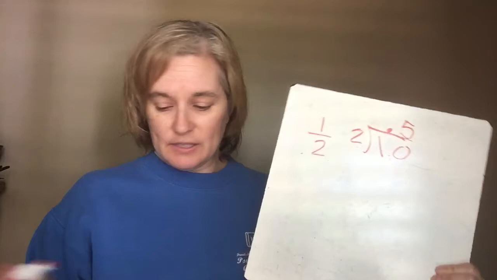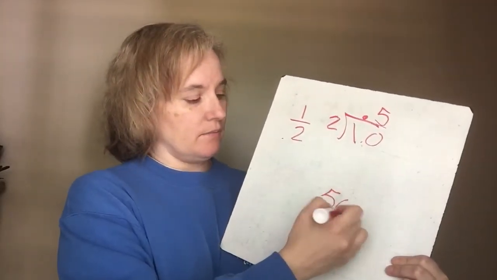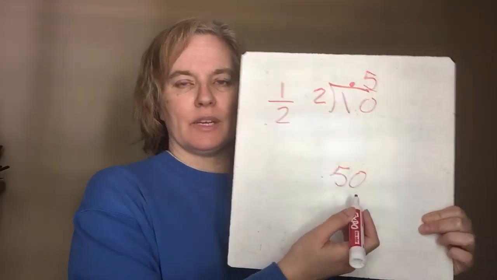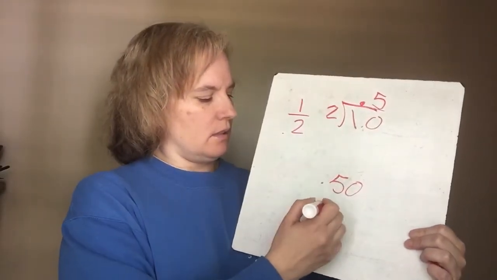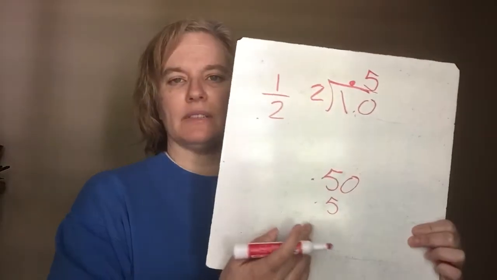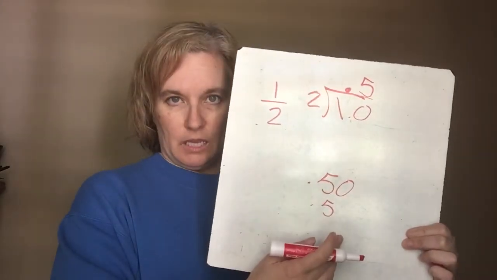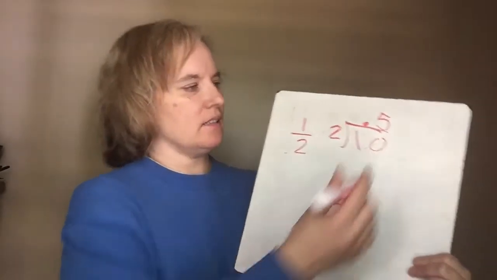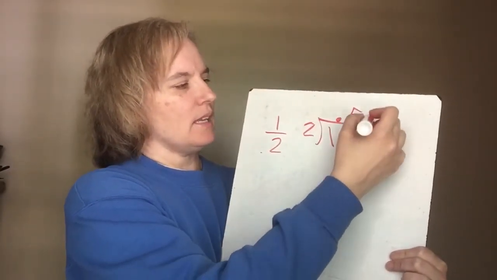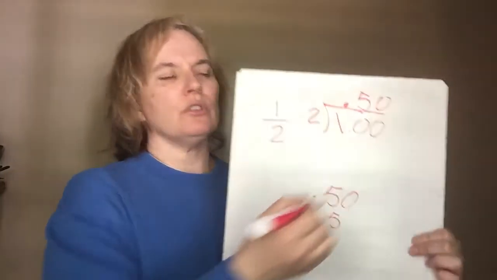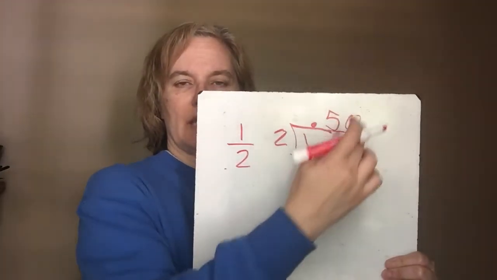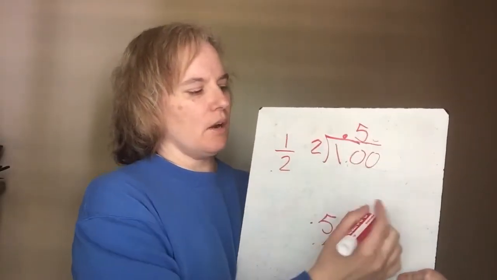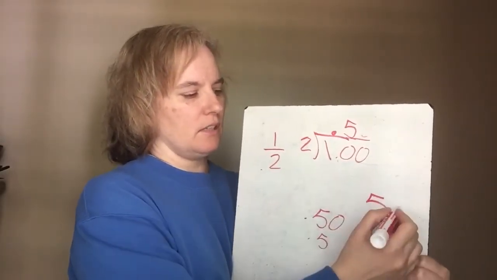A 0.5 is the same as 50 hundredths, and that's 5/10. But when you're getting to percentages, you're going to take it out 2 places to get there, so I still need another 0 behind it.